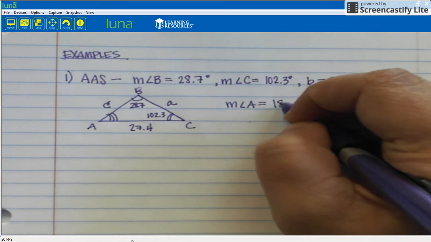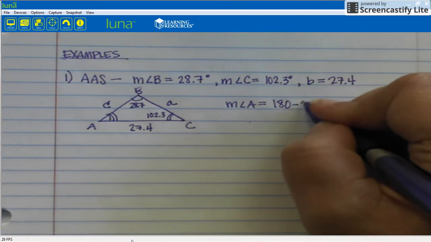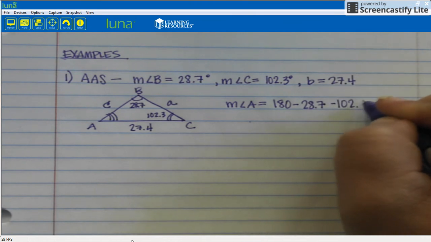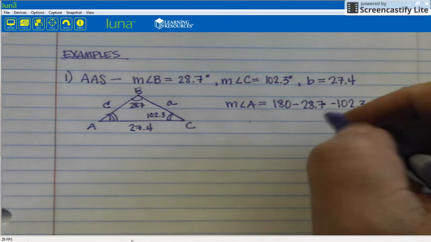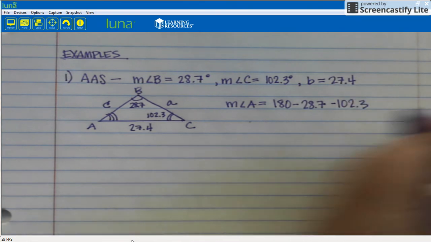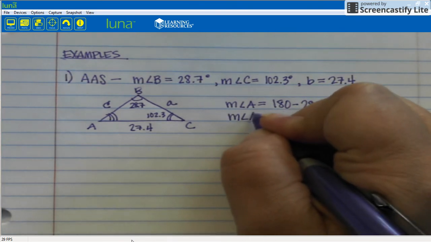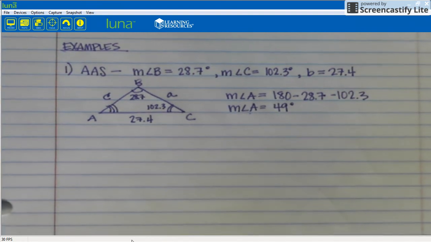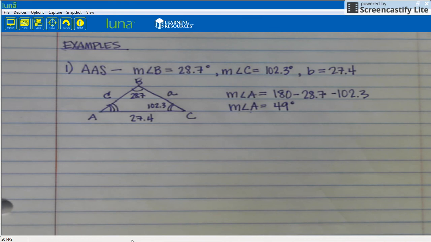We just subtract the other two angle measurements from 180. So I subtract 28.7 and 102.3 from 180 degrees, and that's going to give me the measure of angle A to be 49.